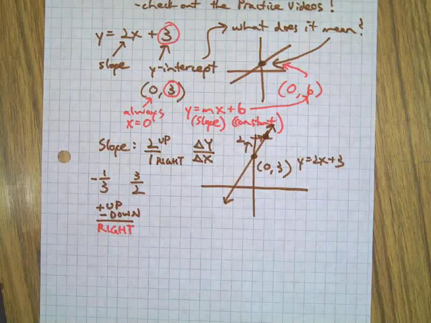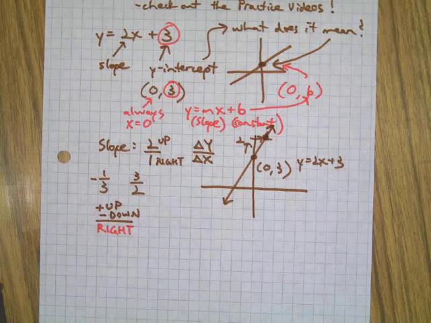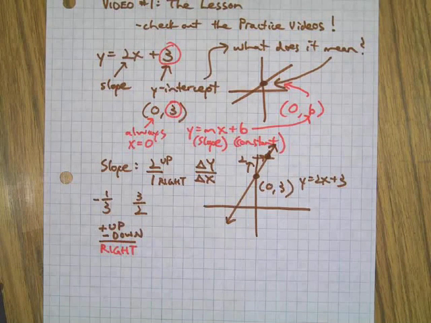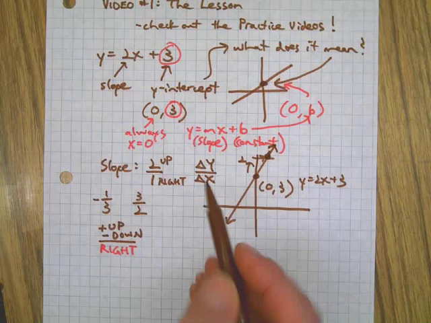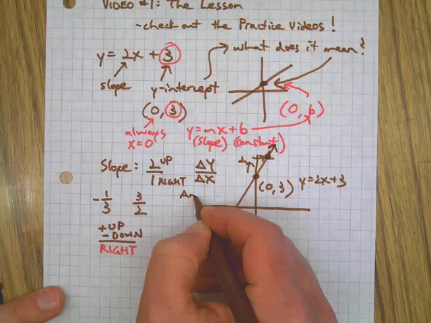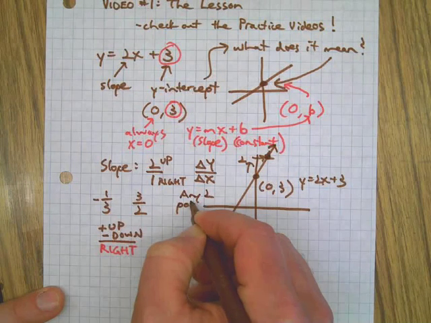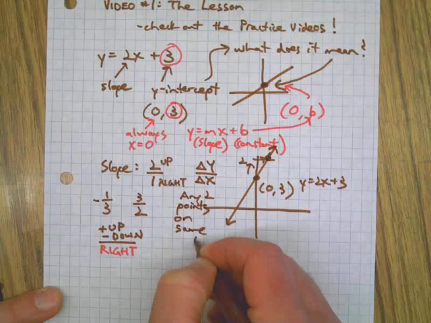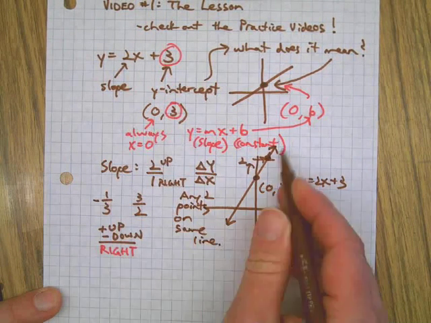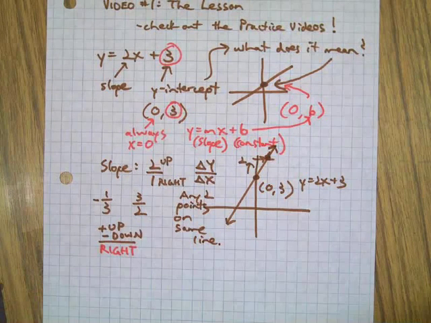Okay, those are the basics of slope-intercept form and what the different pieces of it mean. Okay, and you can find this change in y, change in x, using any 2 points on the same line. So it doesn't matter if you have a line and you have some dots graphed on that line.